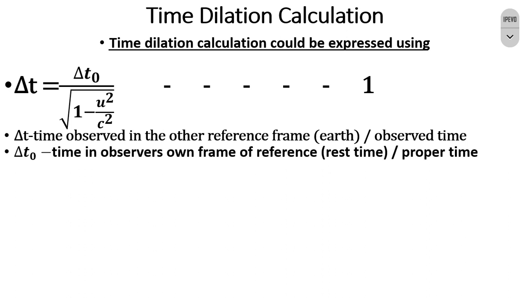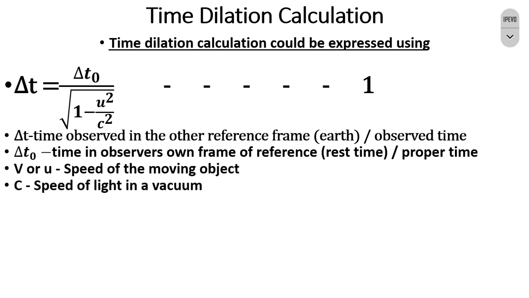T naught is the time in observer's own frame of reference. You can call it the rest time or the proper time. Here in the expression we are using u. Either you use u or you use v, still the same thing. It represents the speed of the moving object. C is the speed of light in a vacuum.